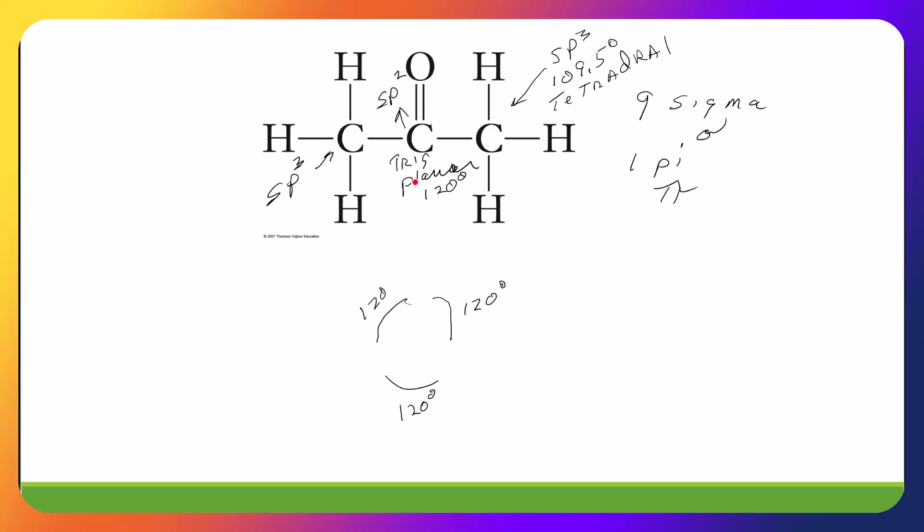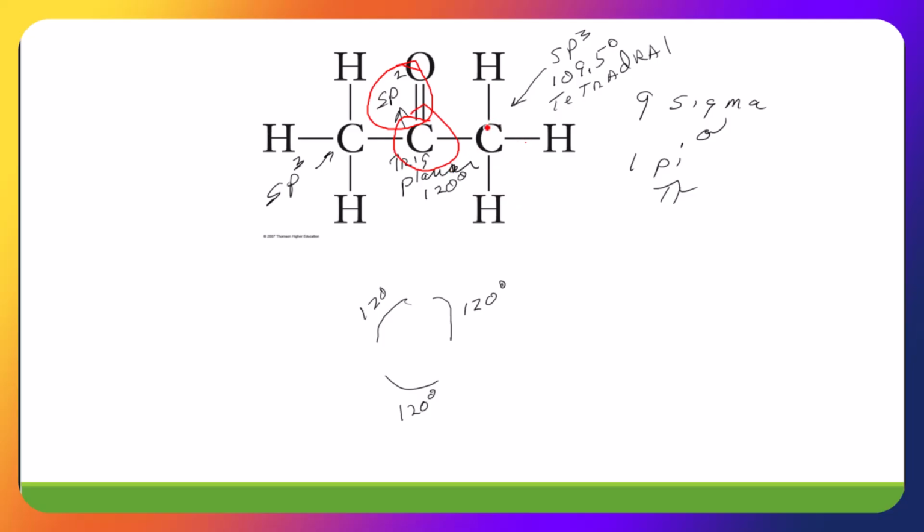That's trigonal planar electron geometry. There's no non-bonding electrons. sp2 hybridization. So sp3 on the outside, and then sp2 around the centermost carbon, with 120 degree bond angles. Let's count up the sigma and pi.